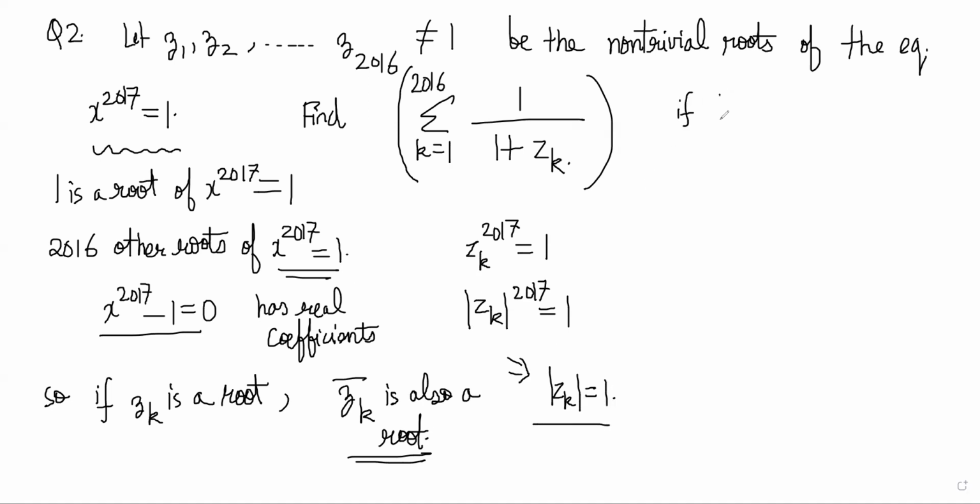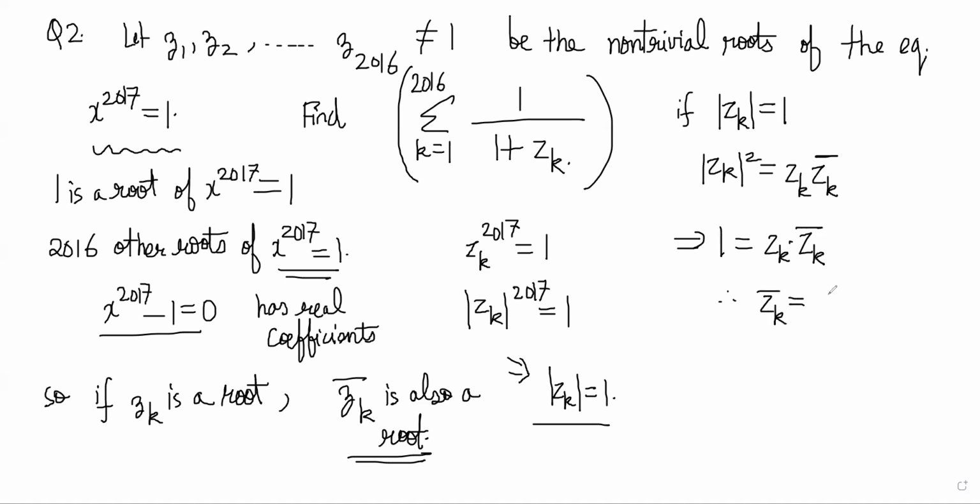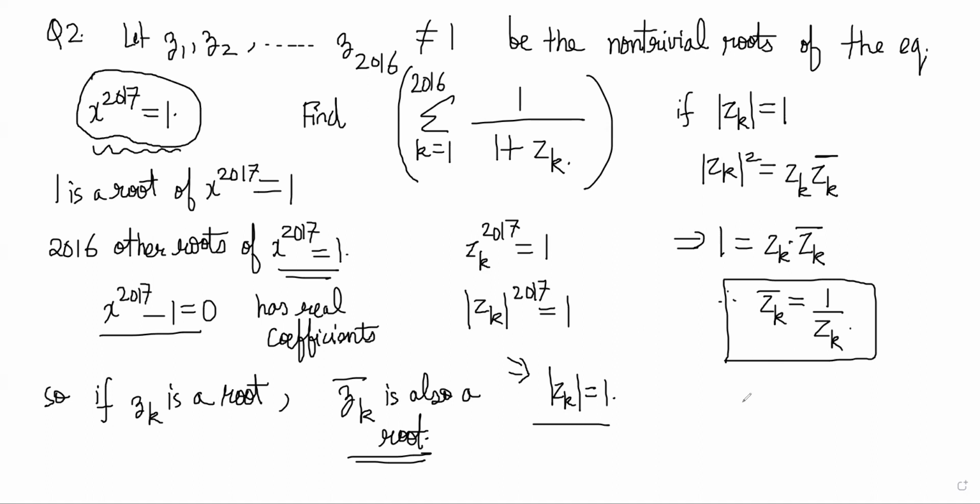And if mod of zk is equal to 1, then mod of zk square is equal to zk times zk conjugate, which implies 1 is equal to zk into zk conjugate, and therefore zk conjugate is 1 by zk. So what we know is that the equation x power 2017 equal to 1 has roots 1 and complex numbers zk and 1 by zk, and many other complex numbers like this. They will always come in pairs like this.